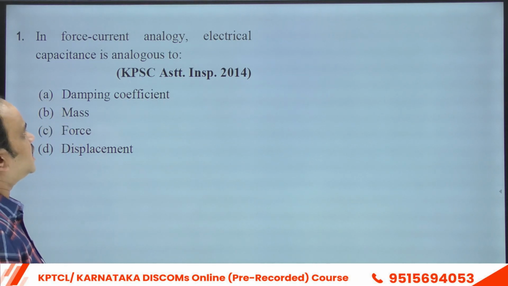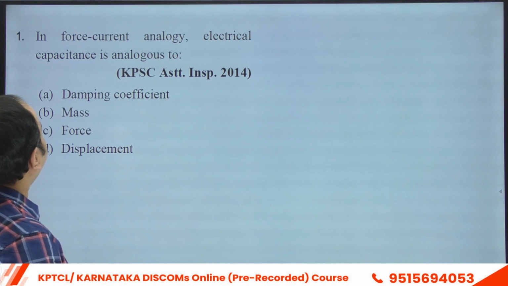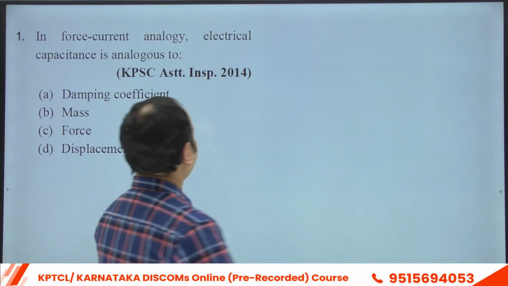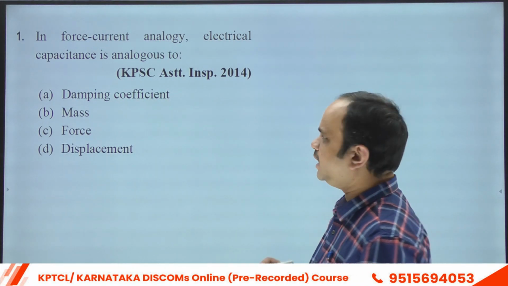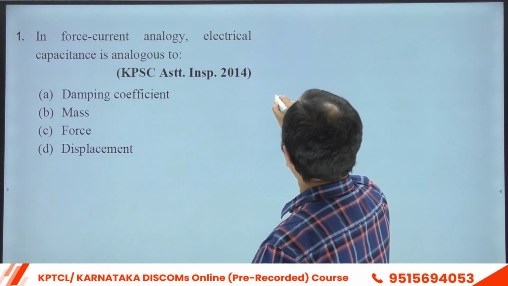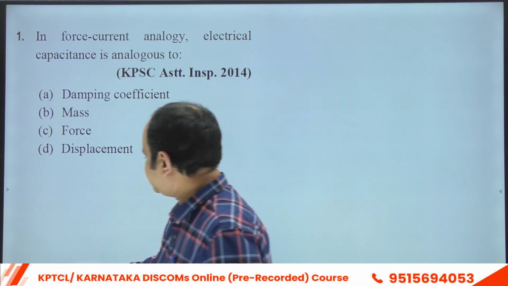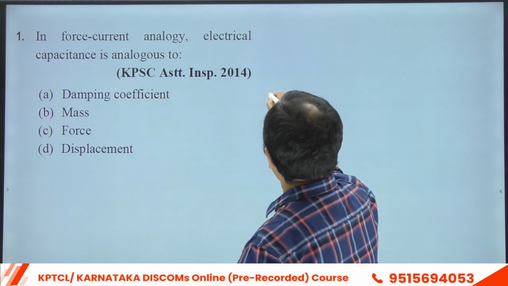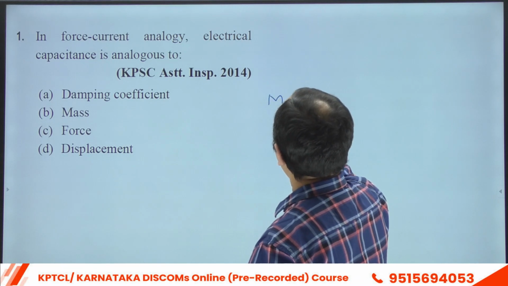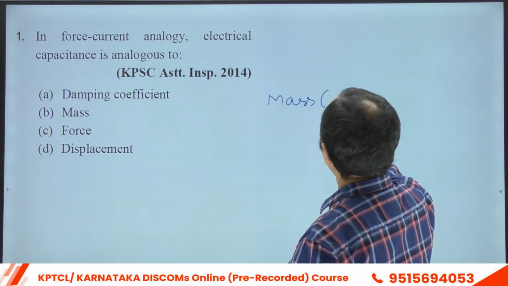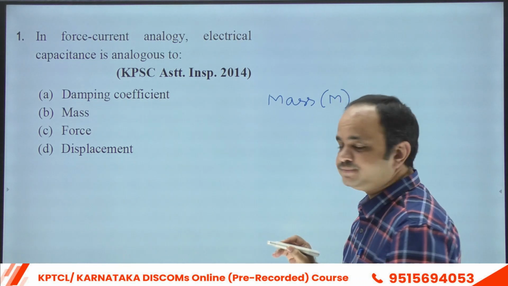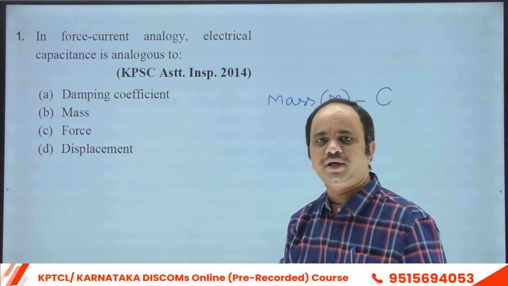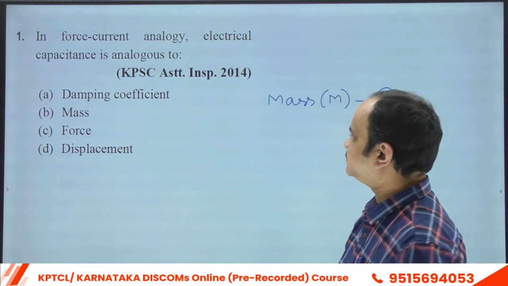In force current analogy, electrical capacitance is analogous to. So in this force current analogy, mass represented with M is analogous to electrical parameter, that is capacitance.